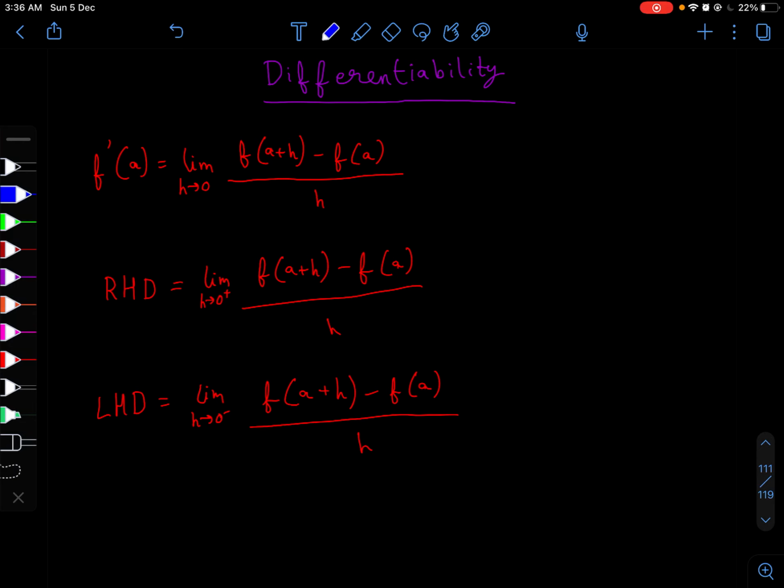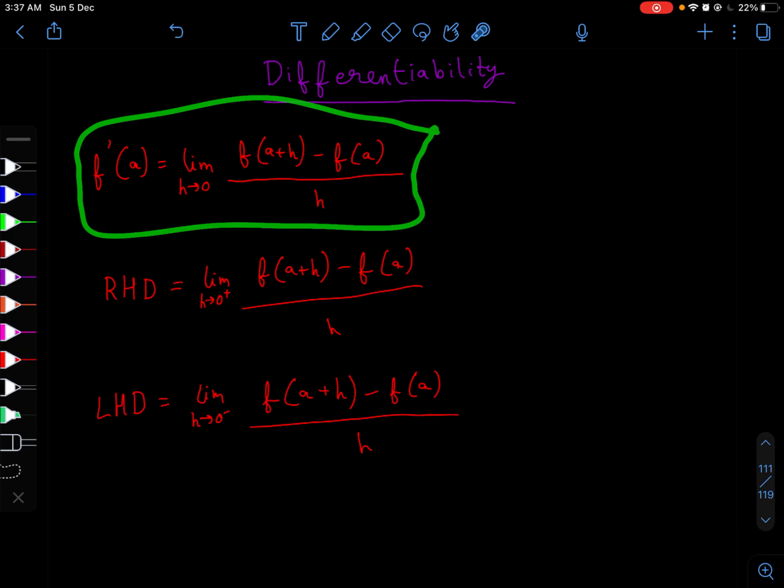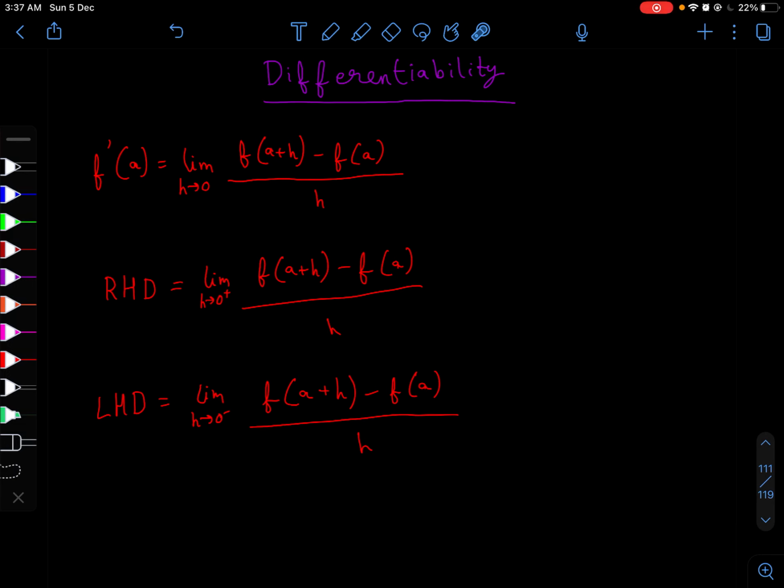So we can denote the derivative. Suppose the function is f of x, and we need to find if it's differentiable at a comma f of a. Then we can denote the derivative at that point as f dash of a, which is given by the formula limit as h tends to 0 of f of a plus h minus f of a, the whole thing divided by h.